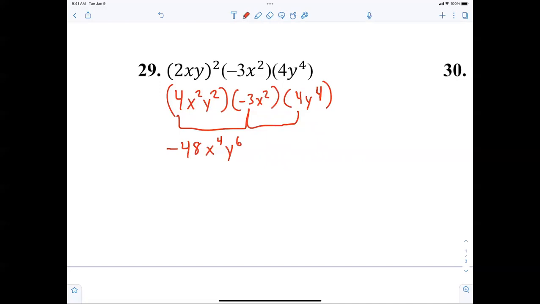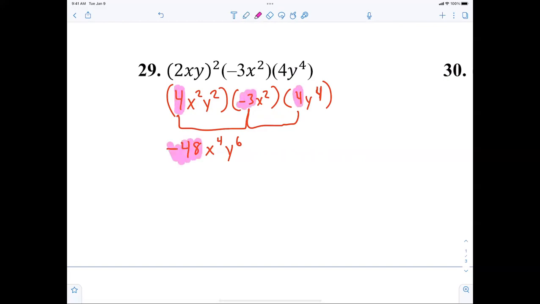Now, tell me what? Who multiplied the x's by the y's? 4x times -3x times 4y. You're telling me I multiply 4 times -3 times 4.